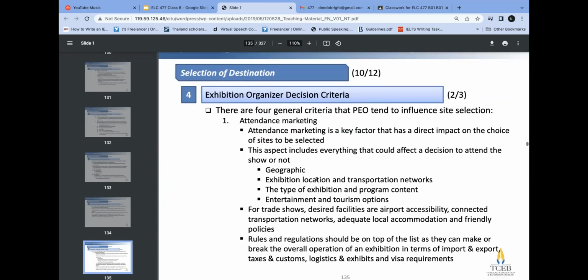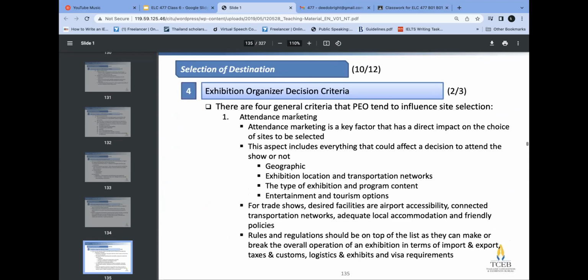Next one. Okay, so we can see exhibition organizer decision criteria again. This would be like a core conclusion for the general criteria that PEO, someone who has to run this kind of thing, uses. So the first one is attendance marketing.